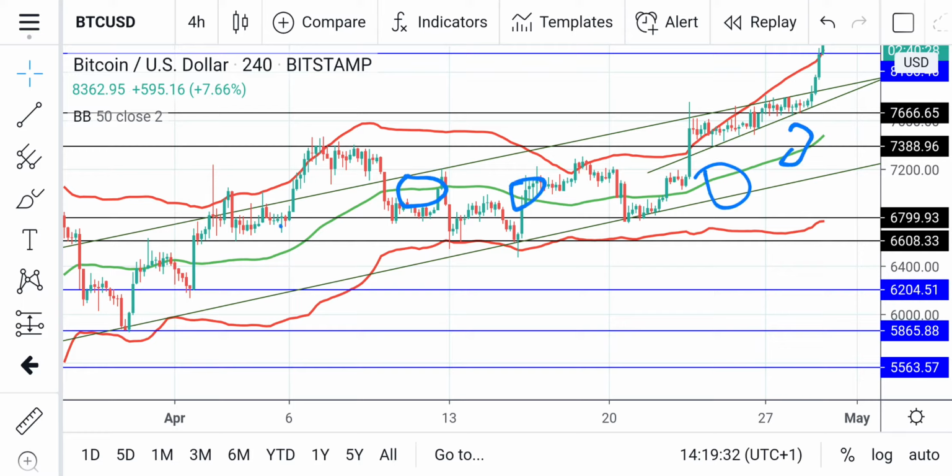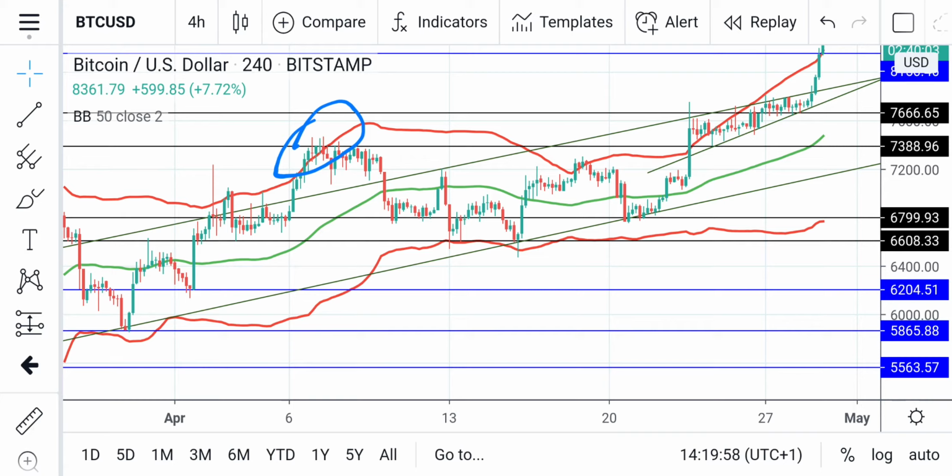Once price is trading above it, you should be looking for buying signals till price gets to this point. So once price comes to the outer band here and you see candlestick rejection and it is hitting an area of resistance, you can look to short the market.